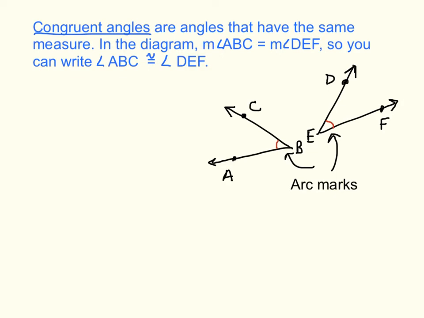The measure of angle ABC is equal to the measure of angle DEF. So we're saying that the numbers, the measurements, are equal. Then you can state that angle ABC is congruent to angle DEF. Once again, you would read this as angle ABC is congruent to angle DEF.